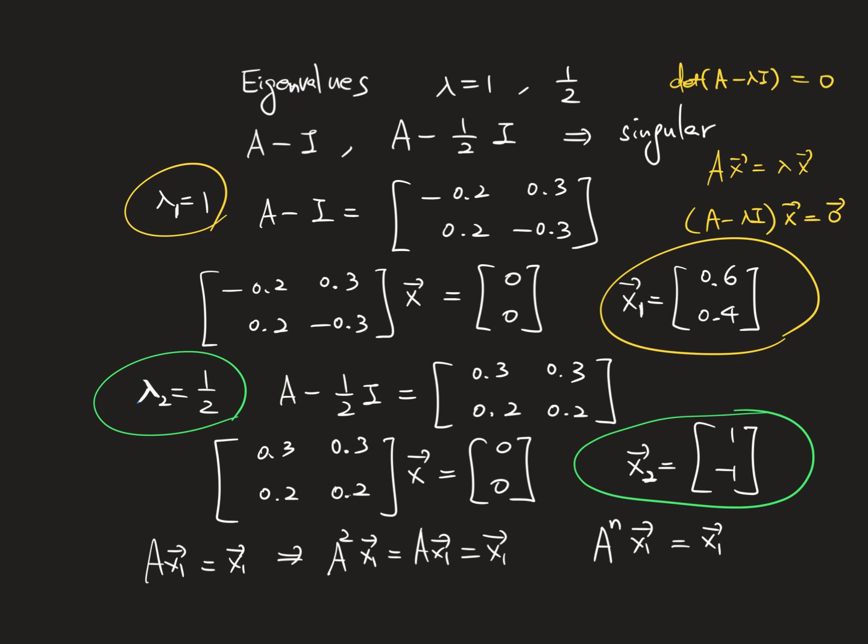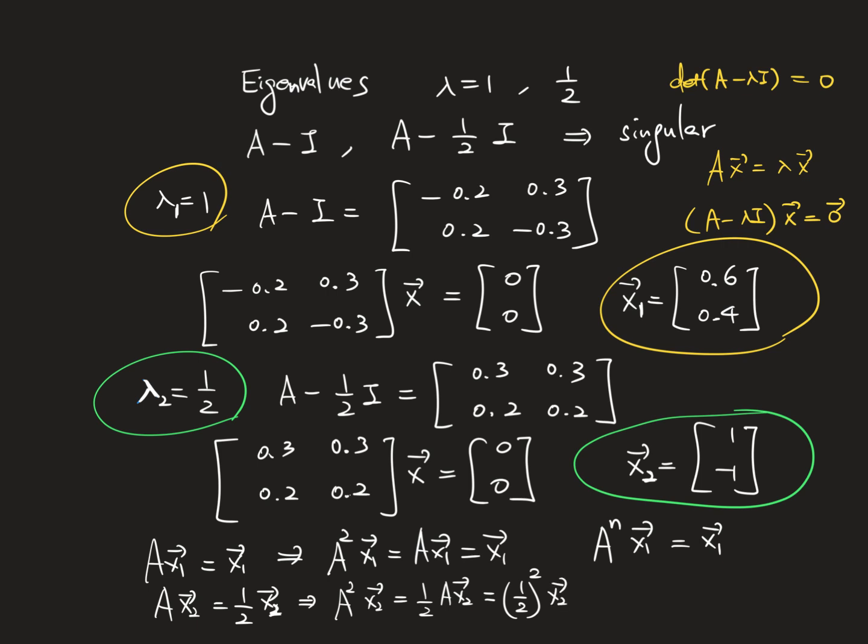But Ax2 will be 1/2 x2 by the definition of the eigen equation, and then we multiply the A matrix on both sides, and we get A squared x2 vector will be 1/2 Ax2 vector, and it will be 1/2 squared x2 vector.